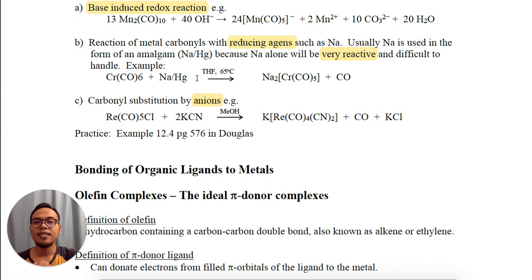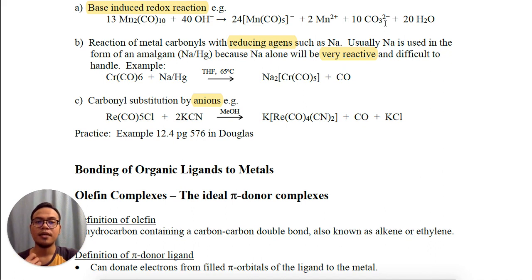The second is reaction of metal carbonyls with reducing agents. It should be T here. Okay, such as sodium. But normally sodium is used in the form of amalgam with mercury, for example, because sodium alone is quite reactive. We do know that since secondary school, when you carried out the experiments on the reactivity of your group one metals against water, you could see that sodium is quite reactive.